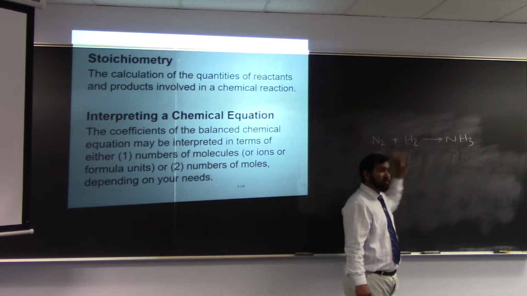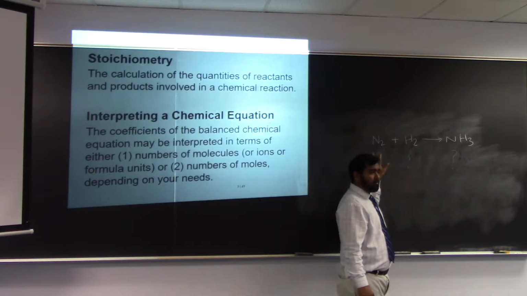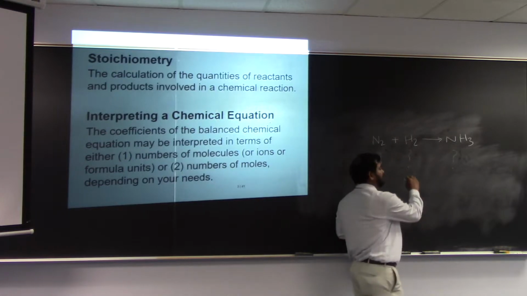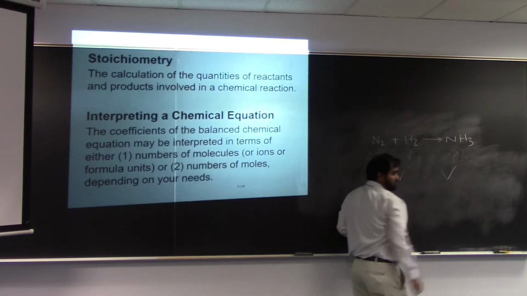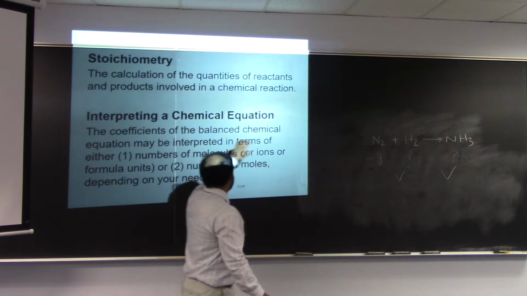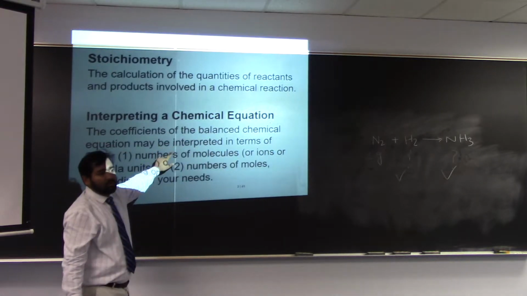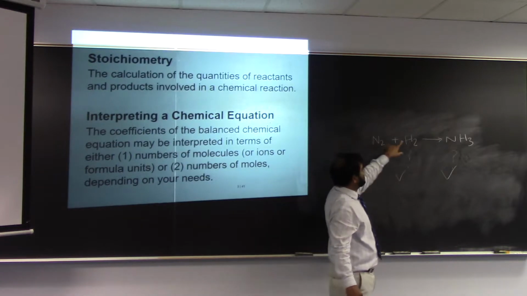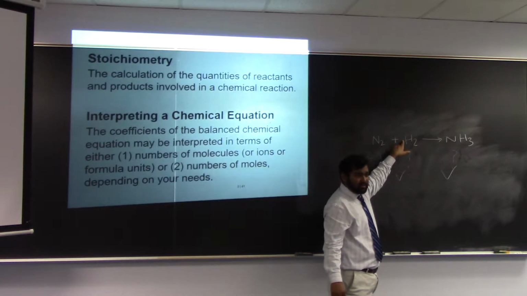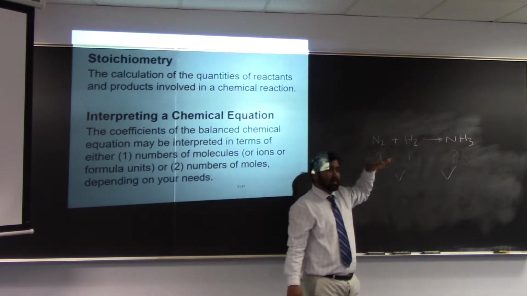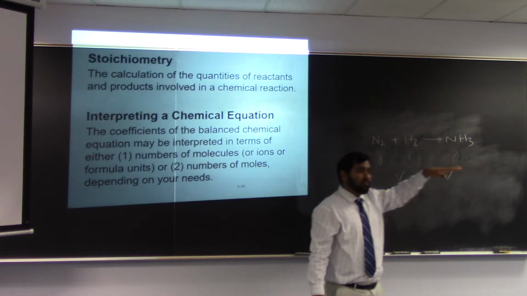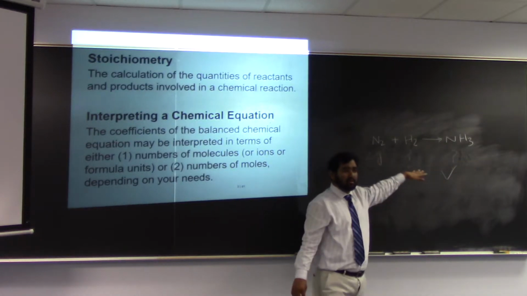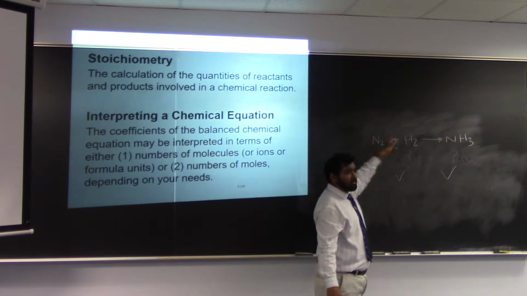Could be reactant to product or reactant to reactant. The second thing is you need to know the coefficient. Use prefix coefficient, that means balanced chemical equation. Before any sort of calculation, you balance it out first.